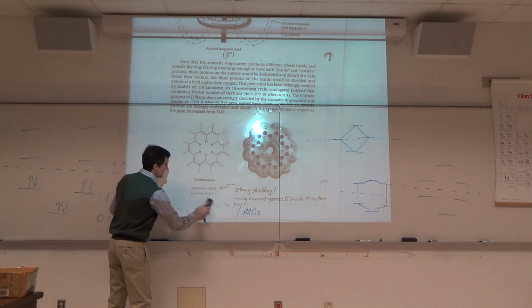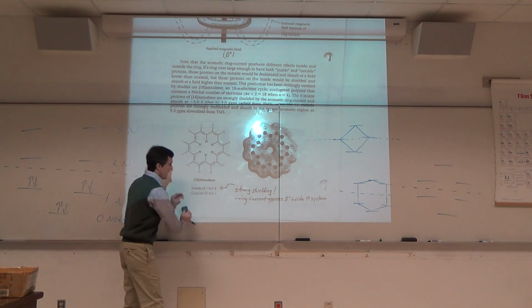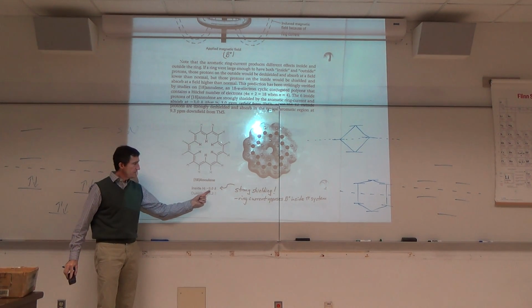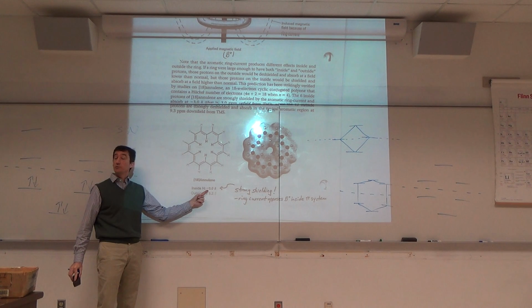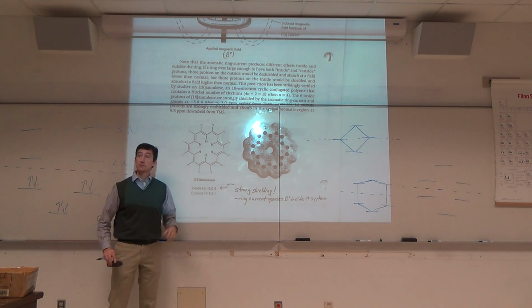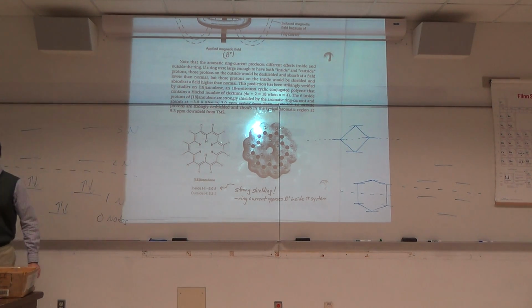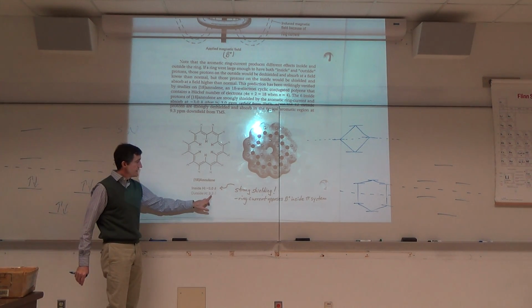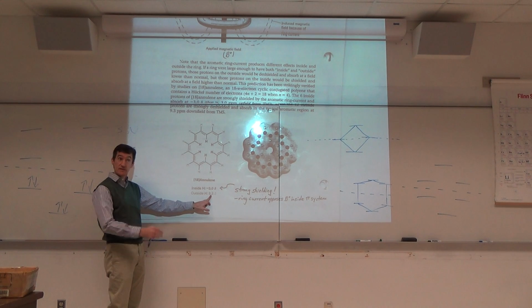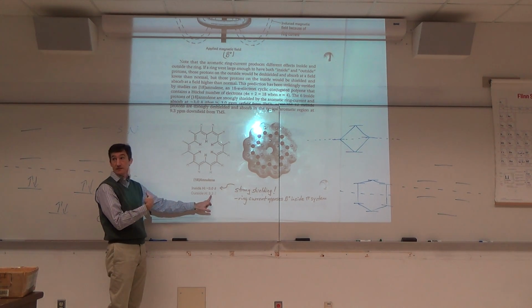Those in the middle give a signal at -3 ppm in the NMR, a negative value. Because it's minus, we would say it's strong shielding. What leads to this strong shielding? What about those on the outside? 9.3, which is actually more deshielding than regular benzene.